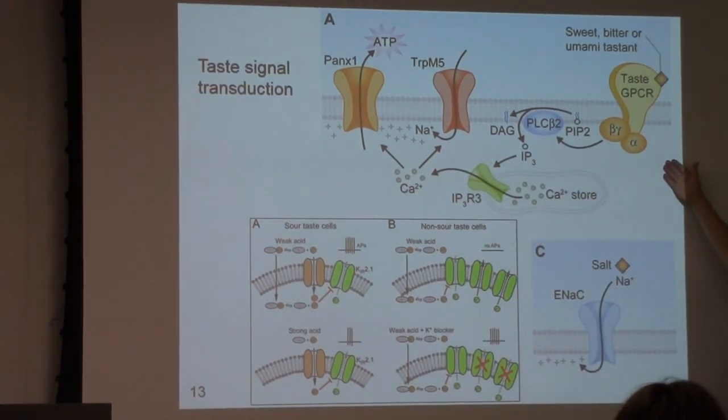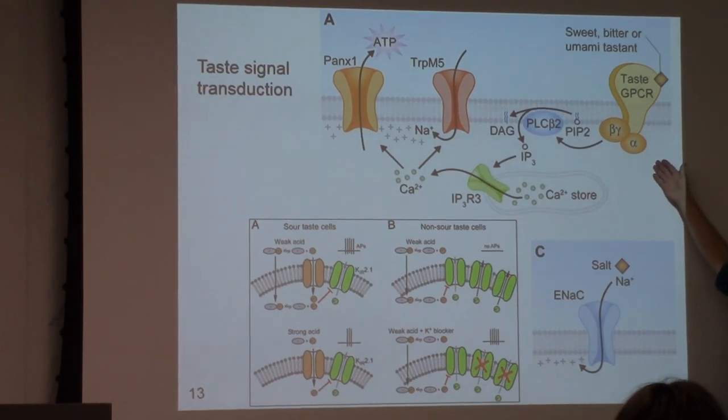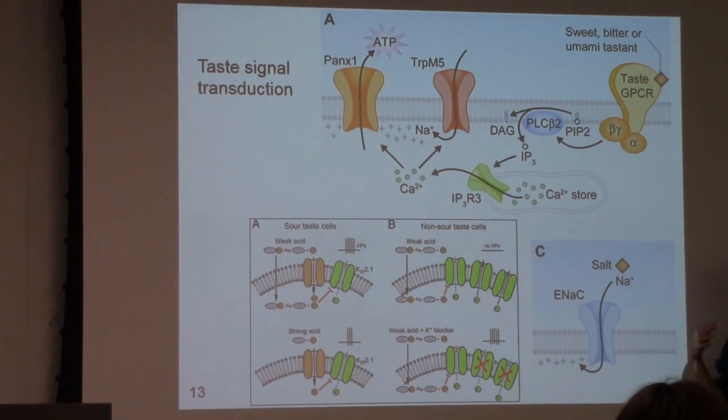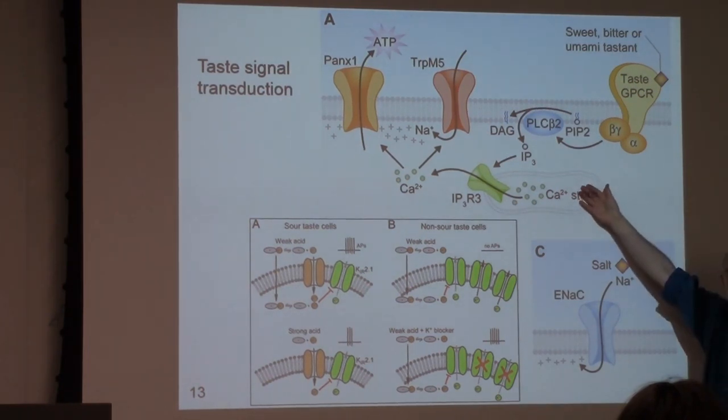Sweet, bitter, and umami activate different GPCRs. Obviously, the sweet GPCR is not the same as the bitter GPCR, but they are both GPCRs, and so is the umami GPCR. Different GPCRs for the different taste modalities, but they all couple to the GQ story.